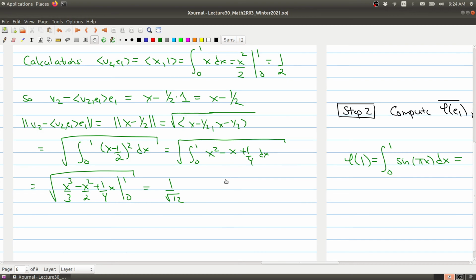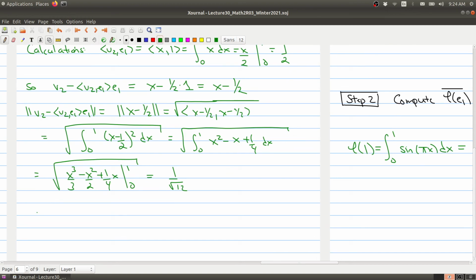So my second basis element e2 is equal to x minus 1/2 over 1 over the square root of 12.